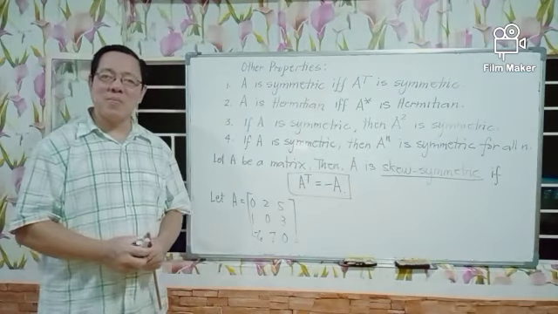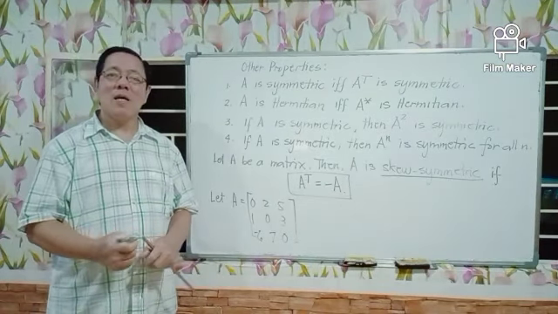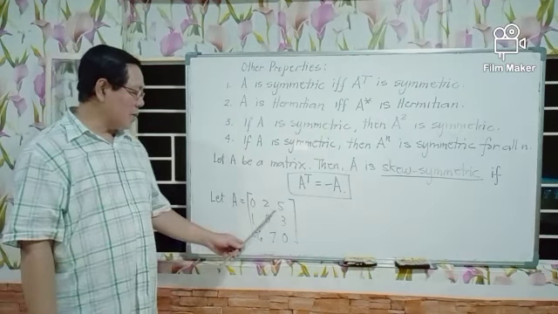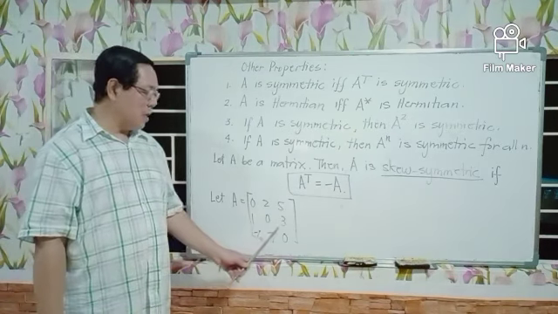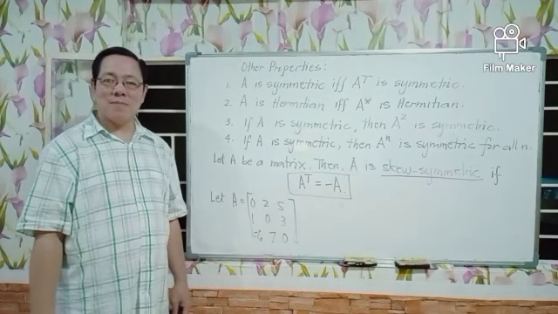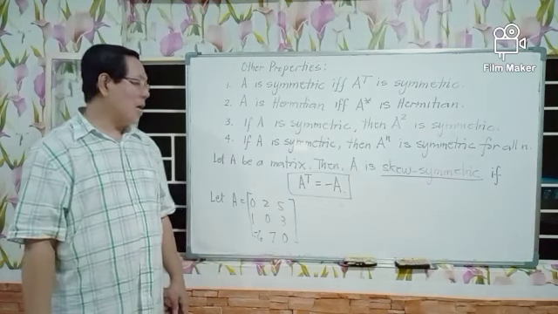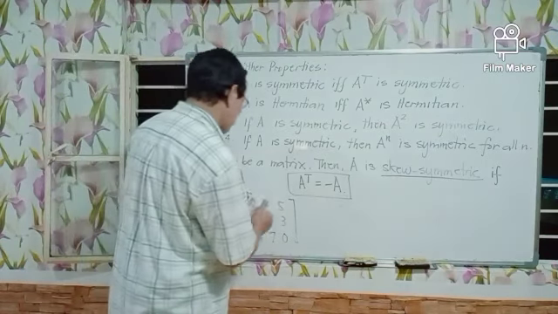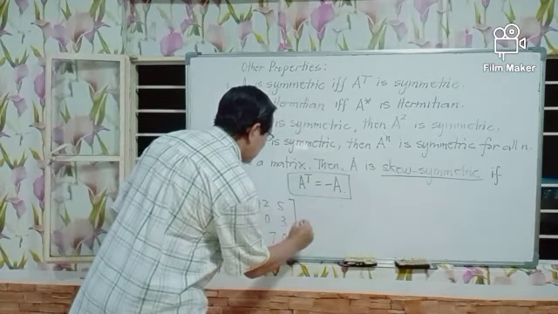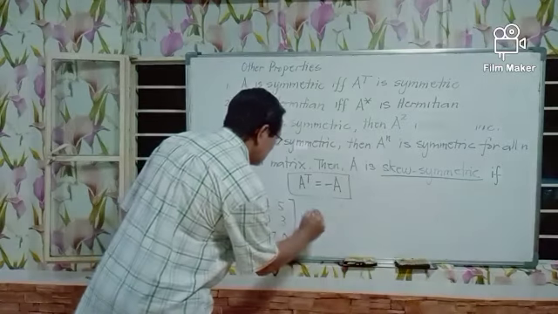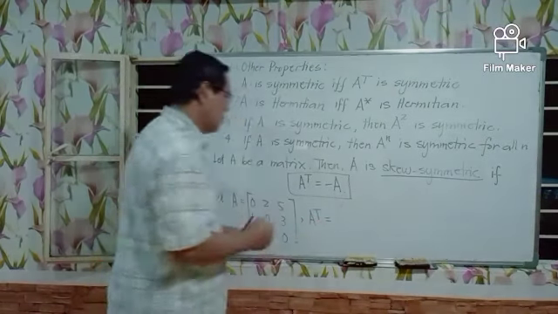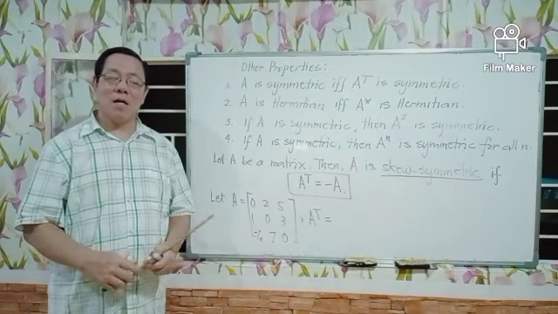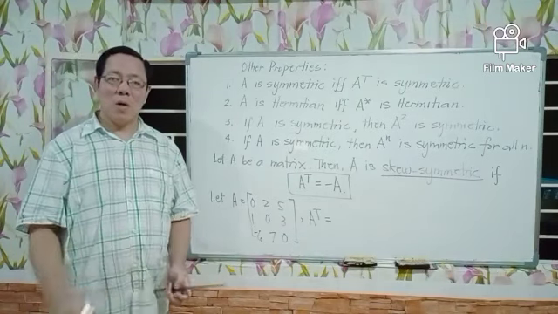Check if this given matrix A is a skew-symmetric matrix. You can see that A has 3 rows and 3 columns. Therefore, A is a square matrix. And we get the transpose of A. The transpose of A is obtained by writing the rows as columns.